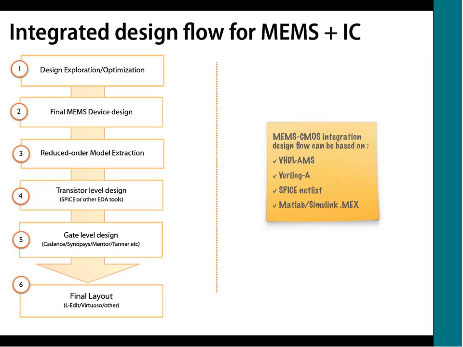So just in going through the whole design flow, like I mentioned, first you have the design exploration and the optimization, which can be done within the behavior modeling tool, Simple. Once you do that, you can export the mask or the mesh, like I said, maybe do some final design within the multiphysics simulator.